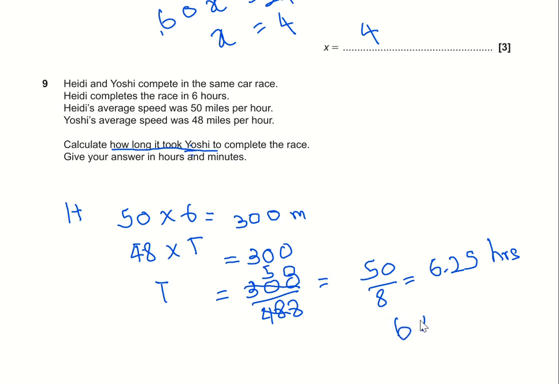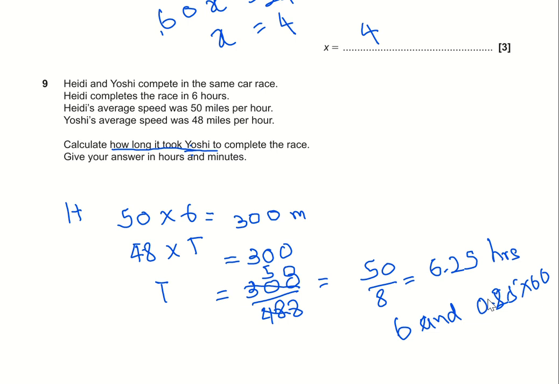6 hours and 0.25 times 60. Why? This is minutes. 0.25 hours, I need to convert into minutes.